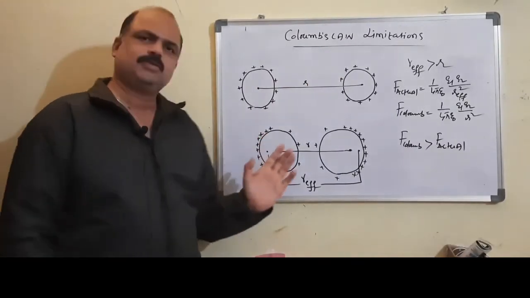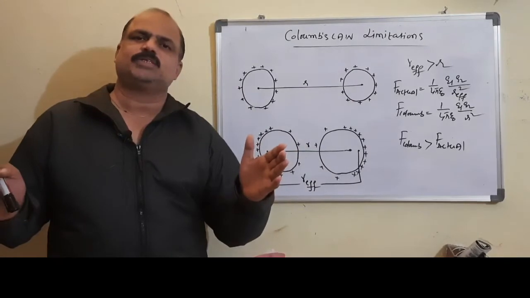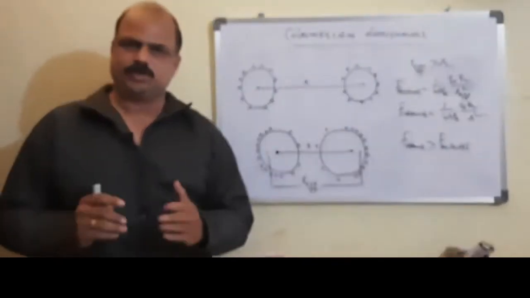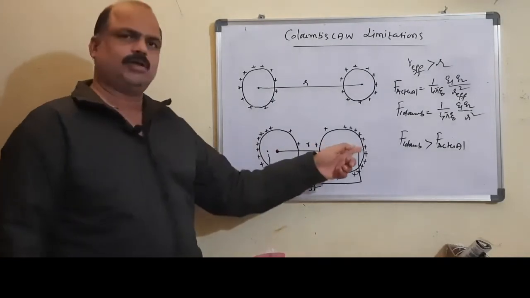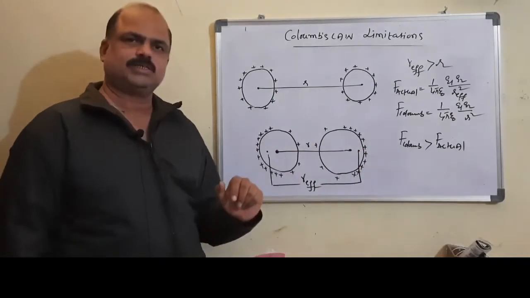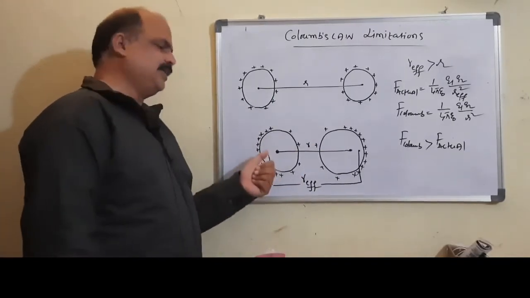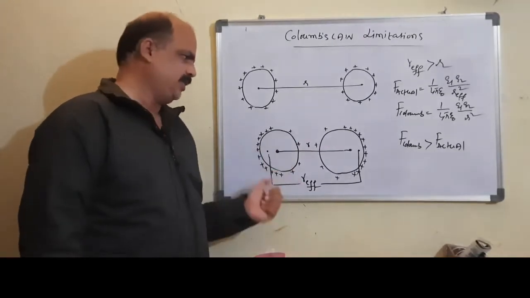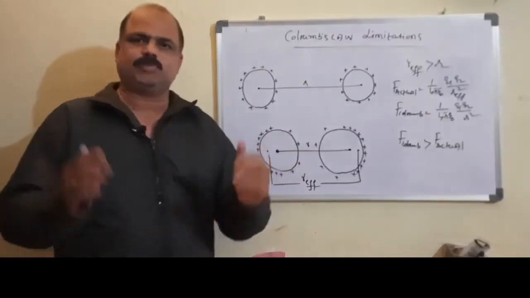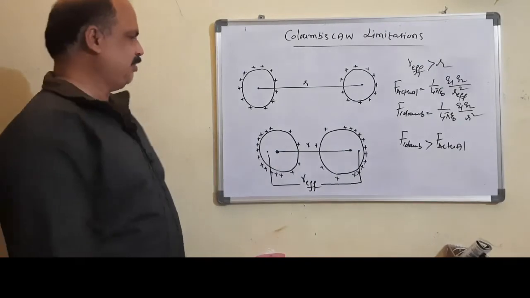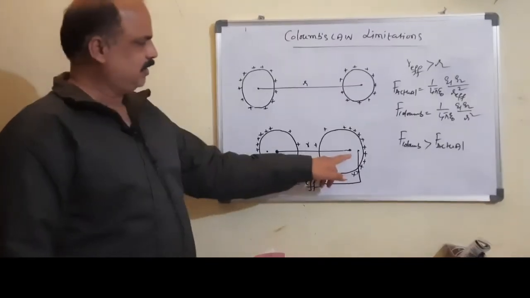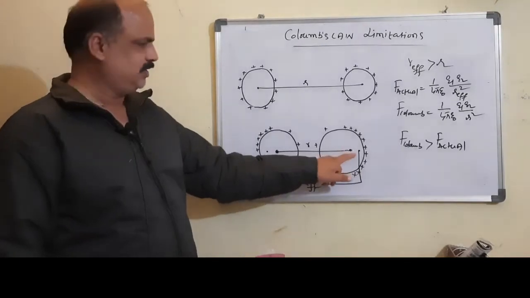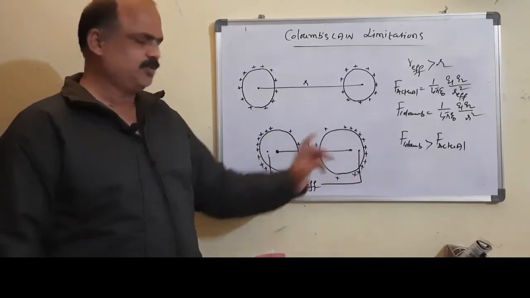But what happens when these conducting spheres come closer together? Due to the repulsion force between these charges, the centers of charge of the spheres get displaced. Here the center of charge of the right sphere is displaced to this point.